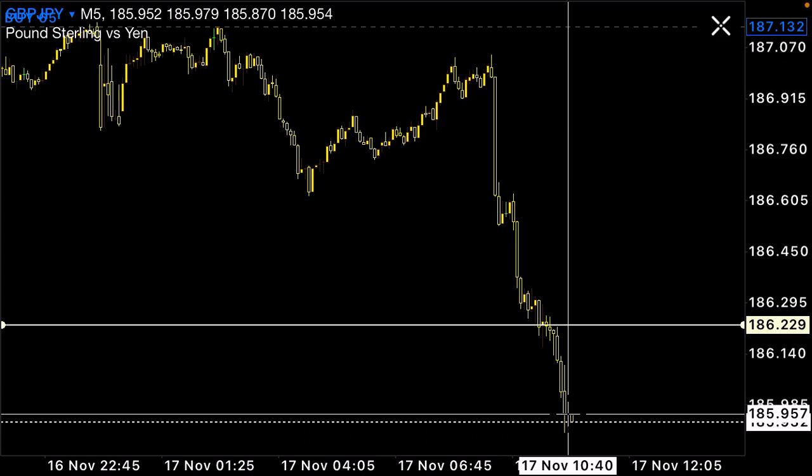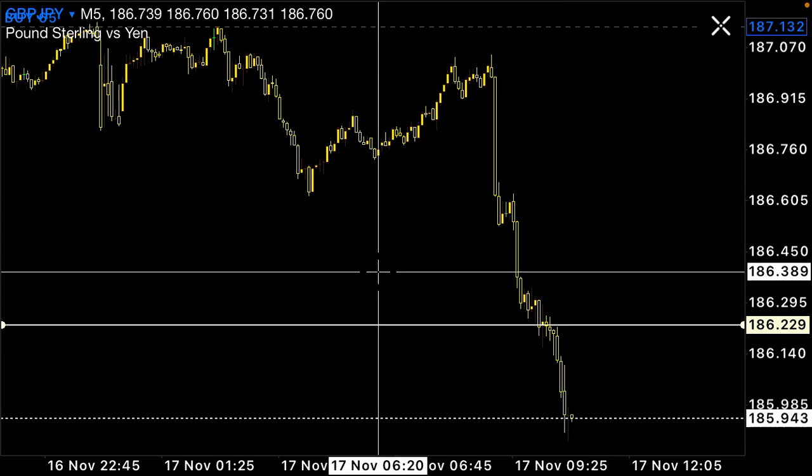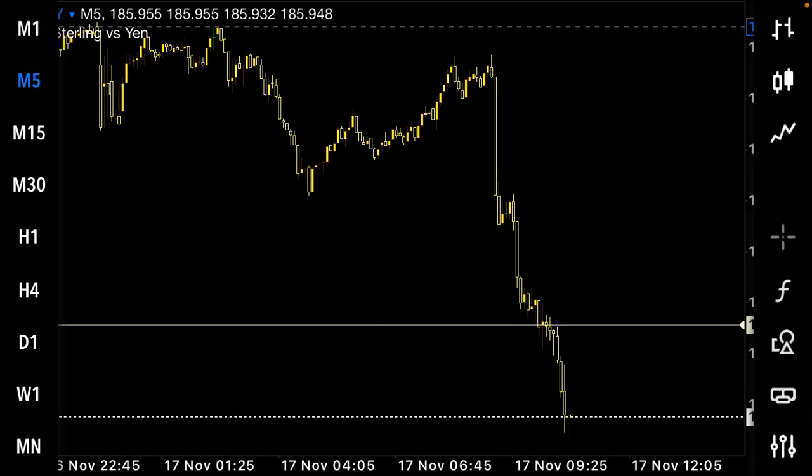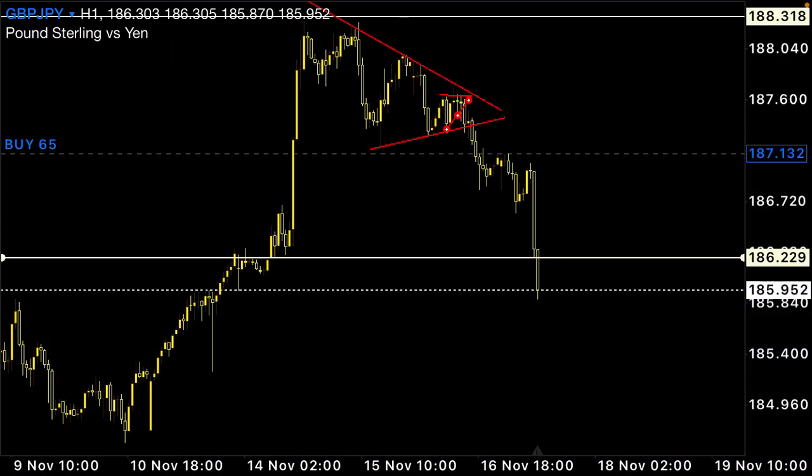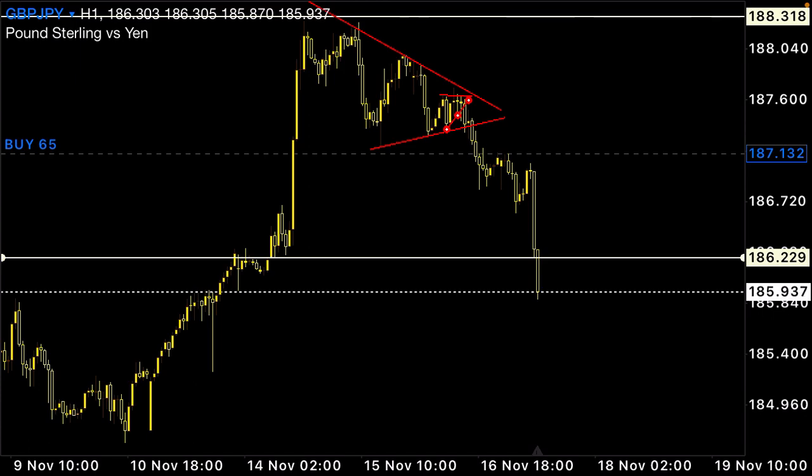And so go to the higher time frame. So there it is. It was at 187 and the blue box up here for the buy on the left. 187.132. And it's down to 185.994.